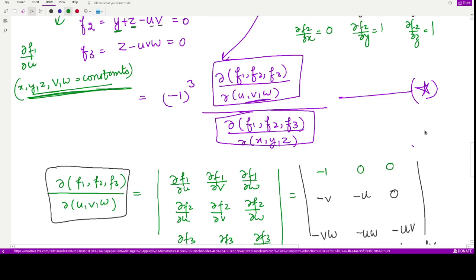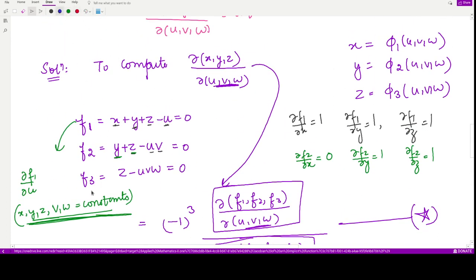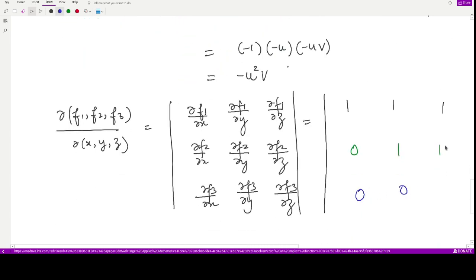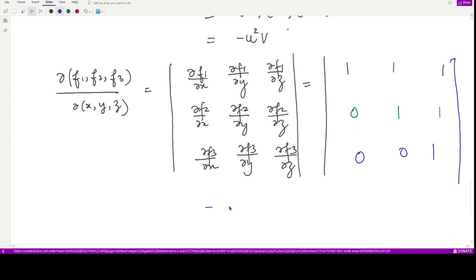And for the last quantity, f3, there is no x and no y and only z is there, and u, v, w are constants. So del f3 by del x would be equal to del f3 by del y, which would be equal to 0, and del f3 by del z is equal to 1. So substituting these values, we have 0, 0, 1. Again, this is in the upper triangular form, so you can just multiply the diagonal entries. So it is equal to 1.